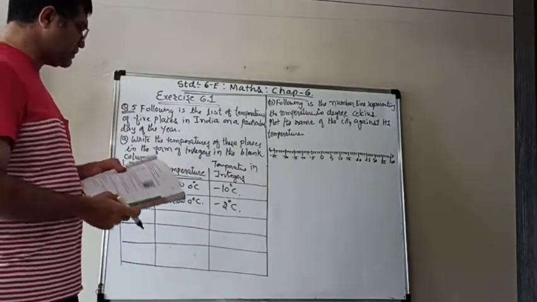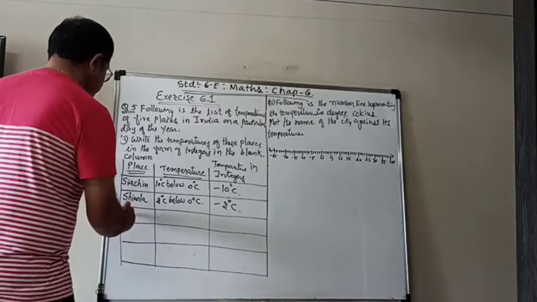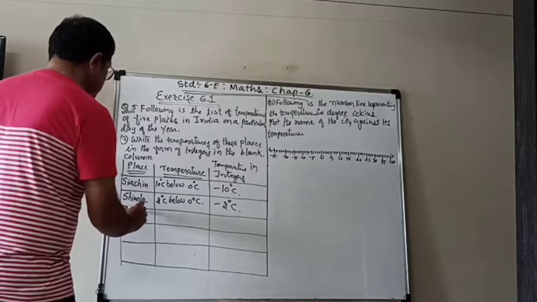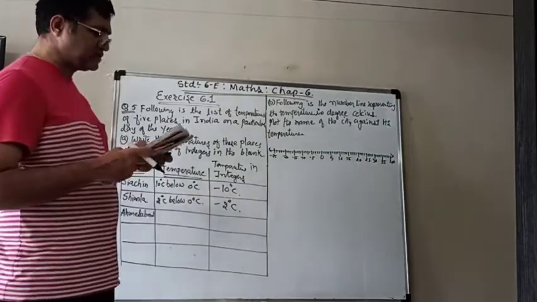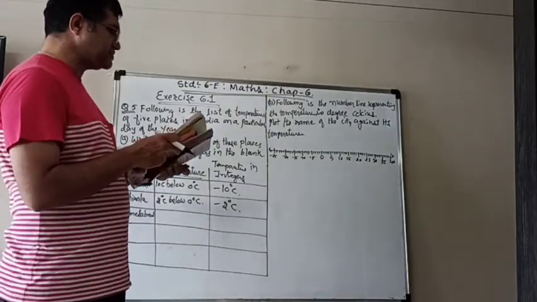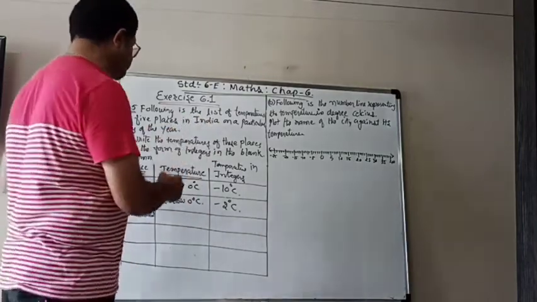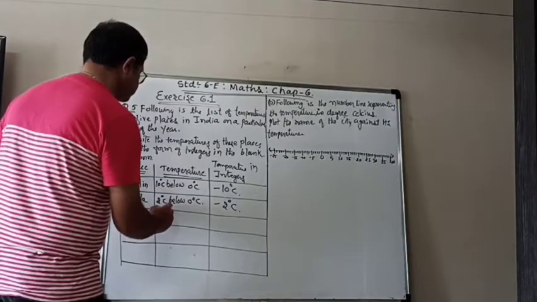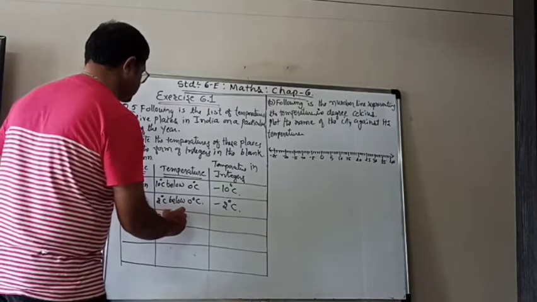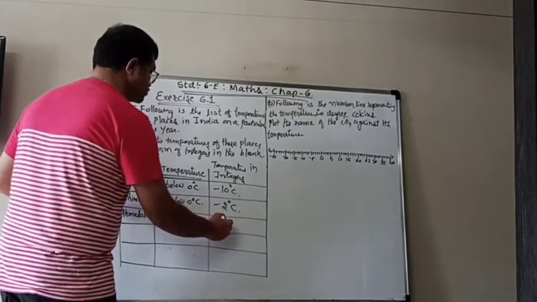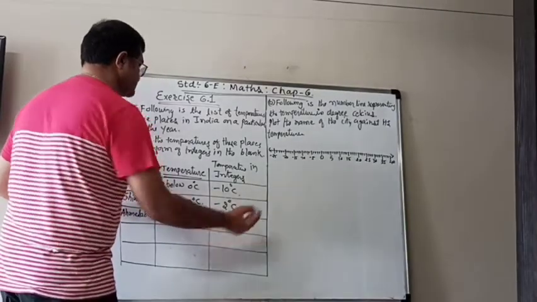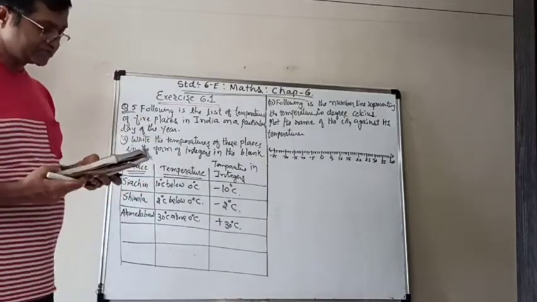Third place is Ahmedabad, and Ahmedabad has the temperature 30 degrees Celsius above 0 degrees Celsius. Above means plus. So plus 30 degree Celsius.